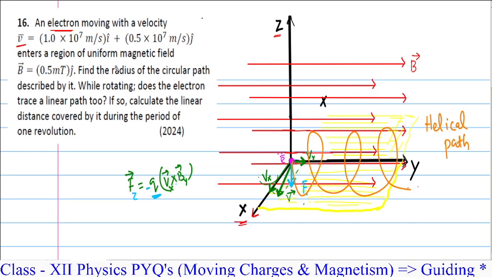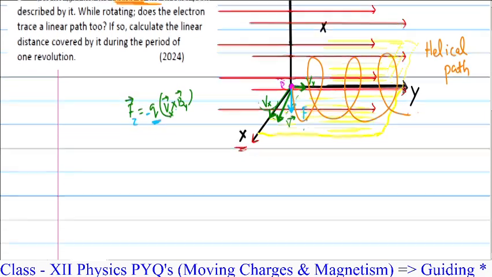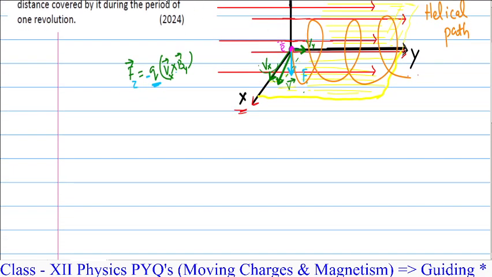What is asked is to find the radius of the circular path. So first of all, we try to find the radius of the circular path. What is the formula for finding the radius? As it undergoes circular motion, the centripetal force will be acting.